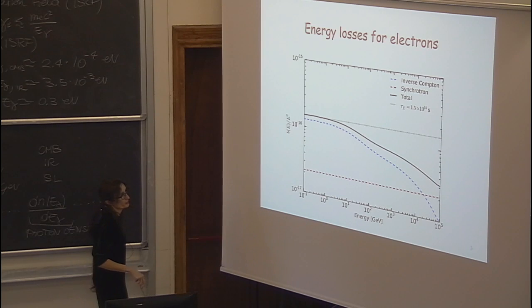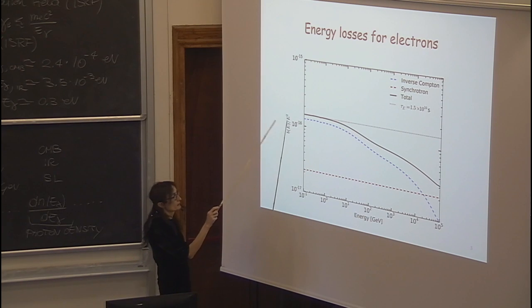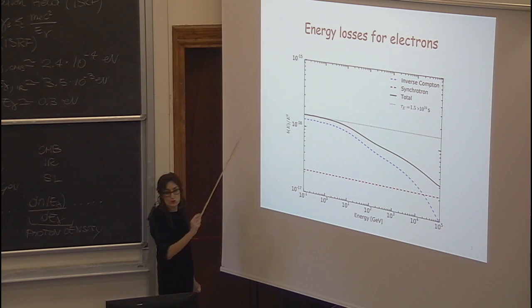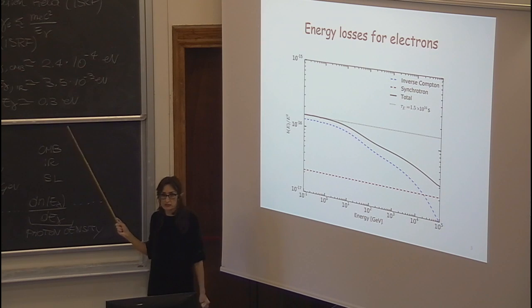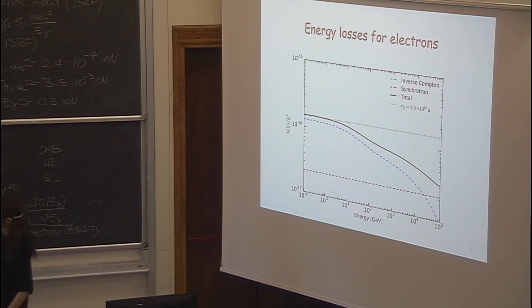You can transform into mega years. A year is 3 times 10 to the 7 seconds. So this is the term b(E), which enters in the diffusion equation, just normalized to E squared, because many of these processes go roughly as E squared.